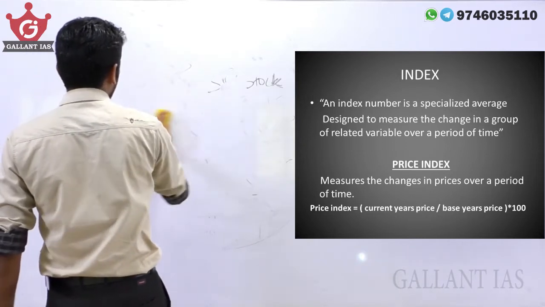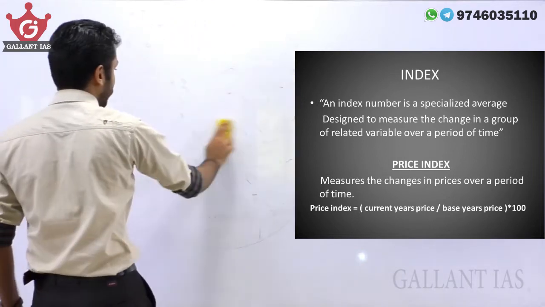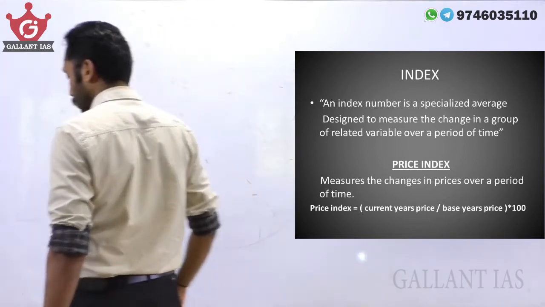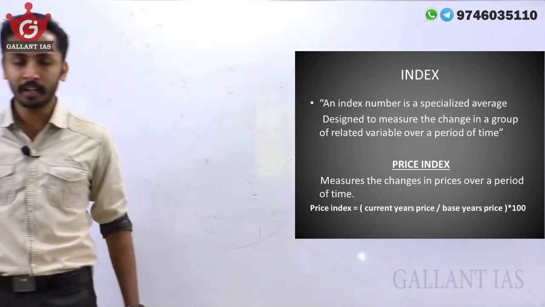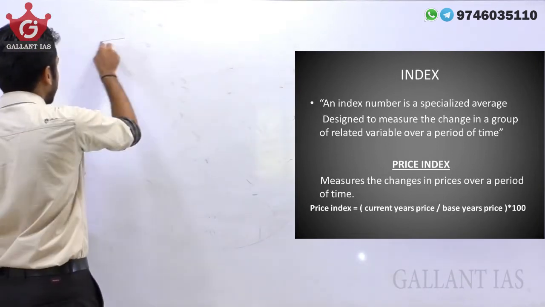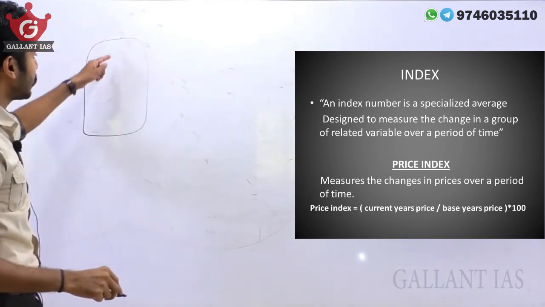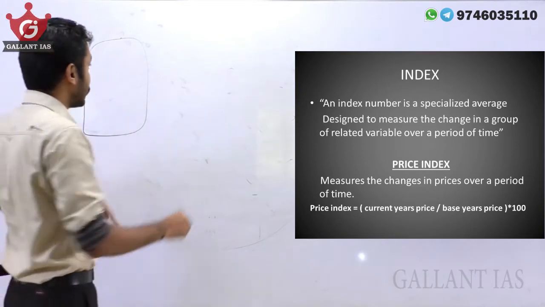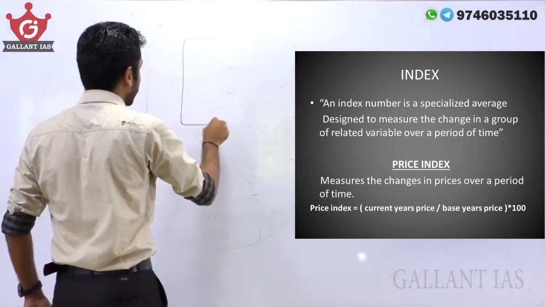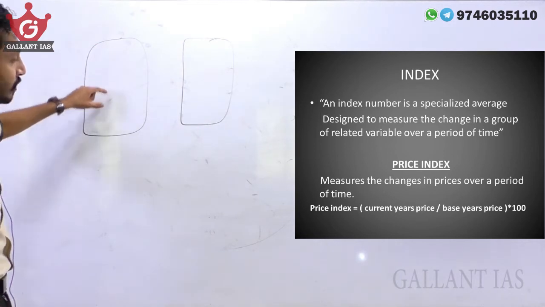Like I said, it is not possible to take the price increase of each item sold in an economy, in a market. That's why we create a basket of commodities and compare the prices of this basket with a base year.